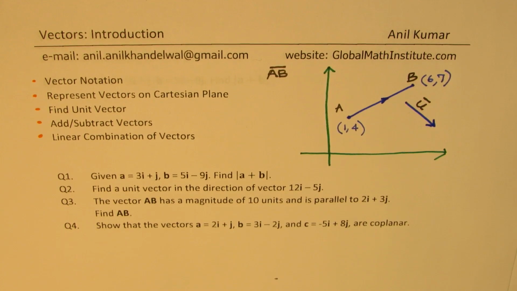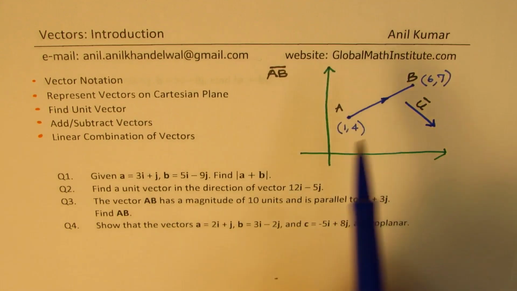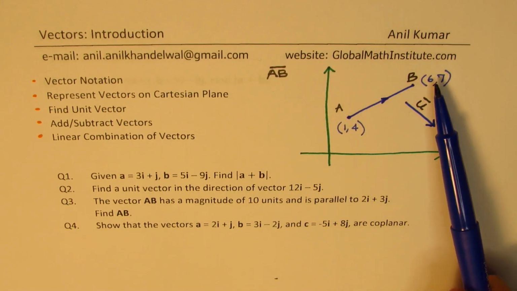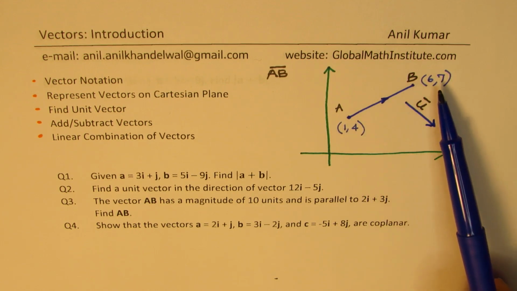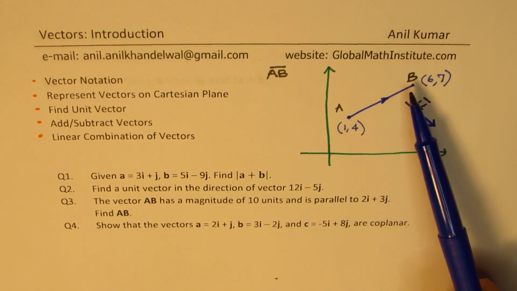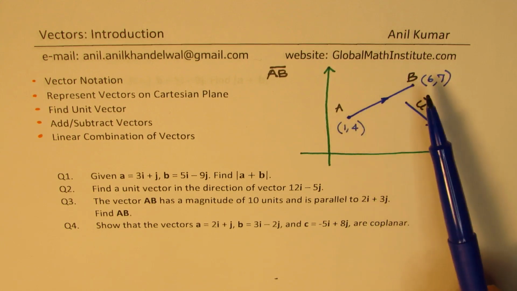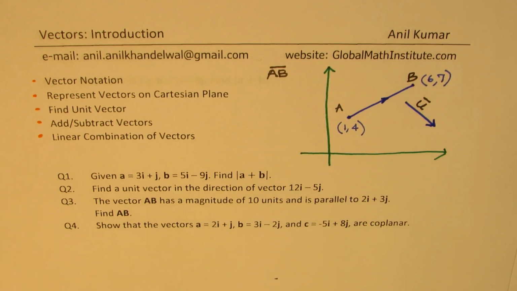So that is the direction for the vector, and the magnitude you can figure out from the difference of these, x2 minus x1, y2 minus y1 will give you the vector AB.